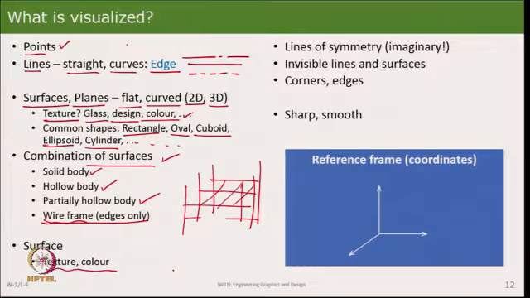Finally, texture and color, although in engineering we do not go into details of this, we may just write on the sheet what the color is. In all our pictures, we do not show details of these aspects. For a practical designer, say a product designer, a fashion designer, an architect, in those drawings we will show the texture and color.